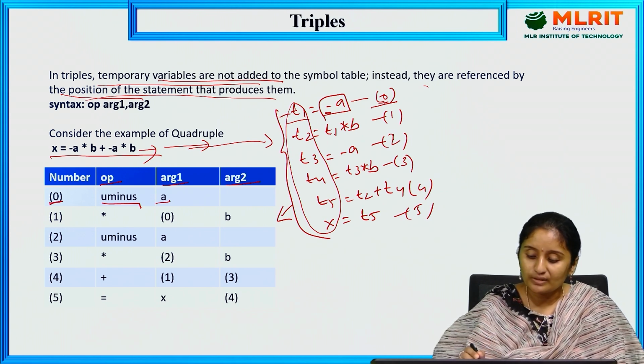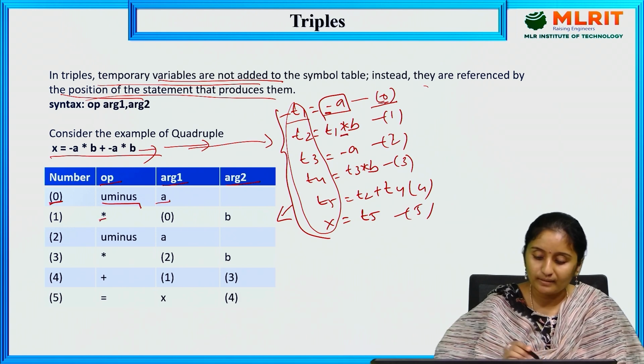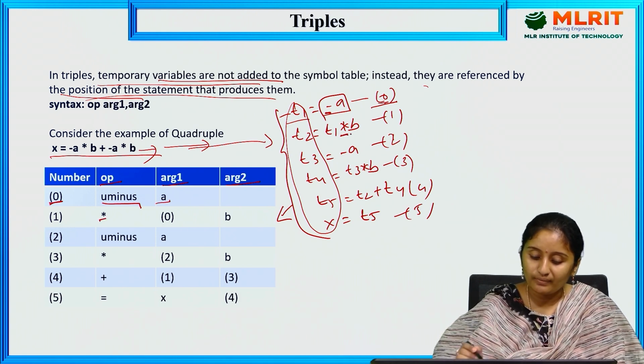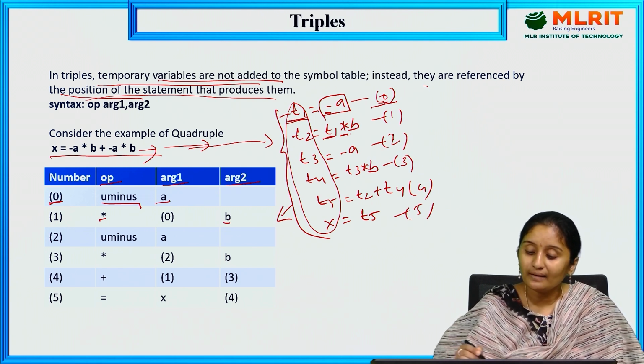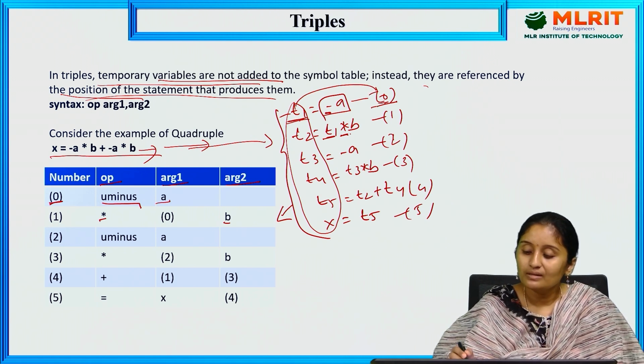Now next go for T2. The next statement has the multiplication operator, and the operand is B. So T1 is nothing but the address, the position. What have we given in the place of T1? 0.